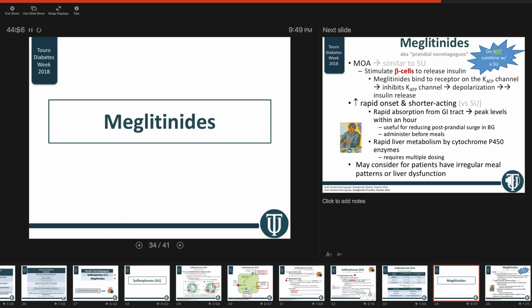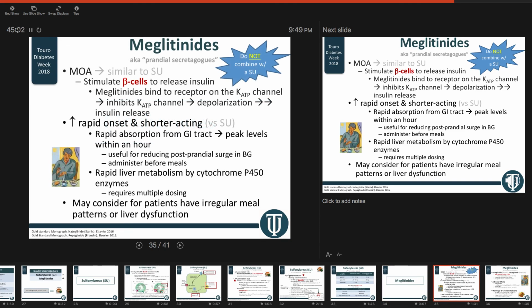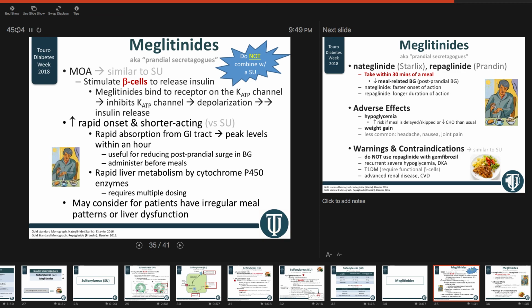The next insulin secretagogue class is meglitinides. How they act is very similar to sulfonylurea. That's why you do not want to use a sulfonylurea with a meglitinide.